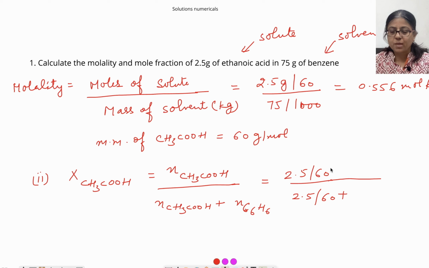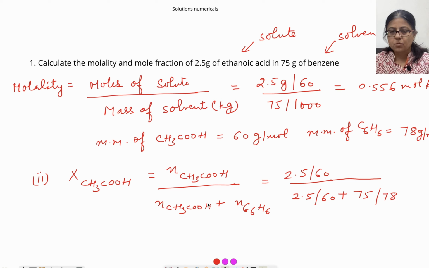So the number of moles of benzene will be equal to 75 gram of benzene, which is the given mass of benzene, divided by the molar mass of benzene. Molar mass of benzene is equal to 12 into 6, 72 plus 6, which is equal to 78 gram per mole.